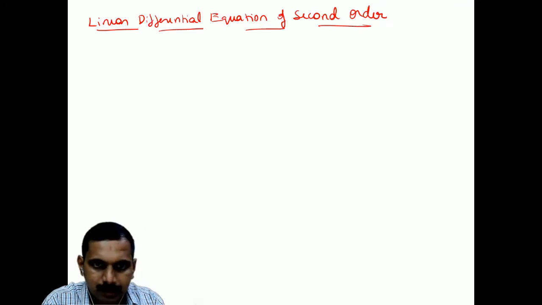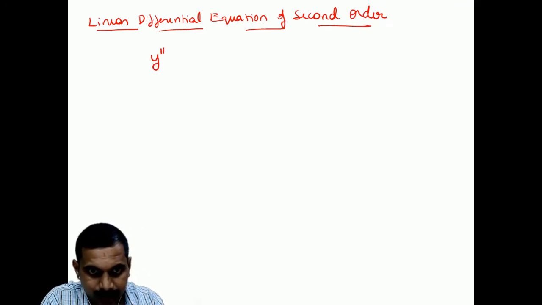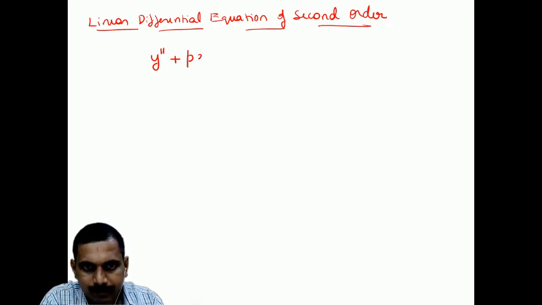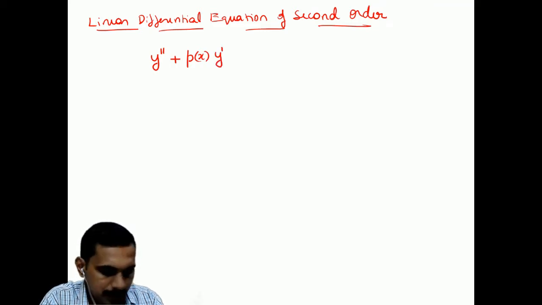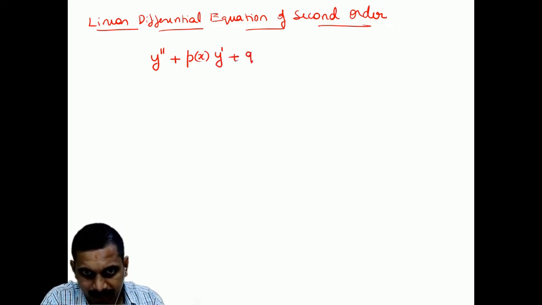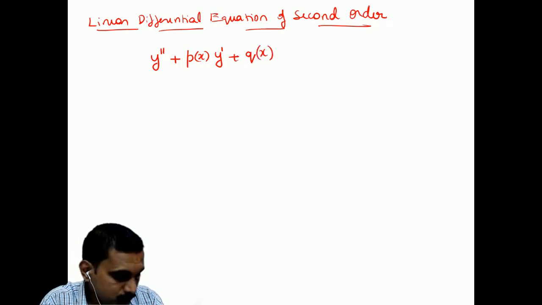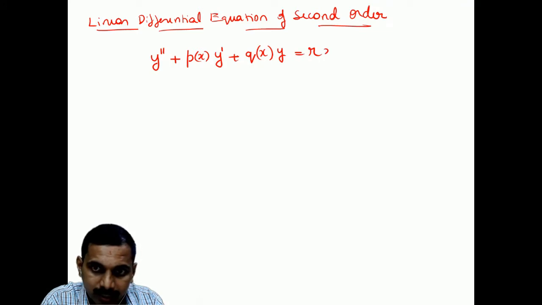It can be written in general as y double dash plus p of x into y dash plus q of x into y is equal to r of x.